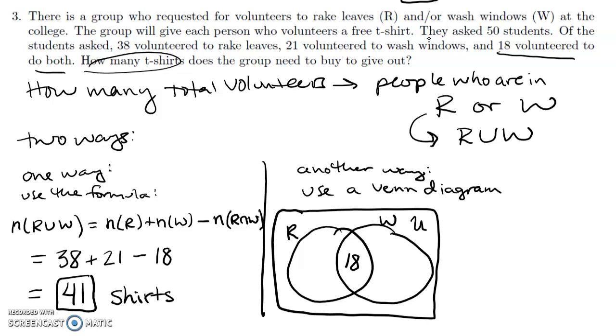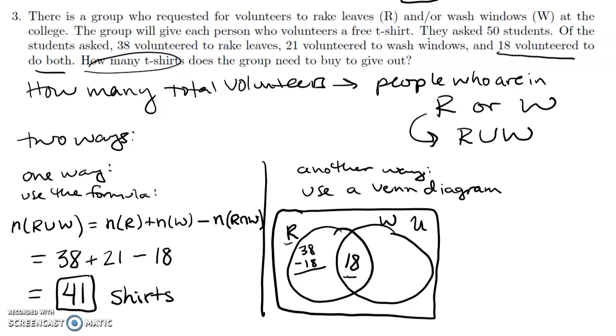So now let's focus on the rest of R. Notice in total for R, we had 38 people. But remember what we've talked about, we've already counted a bunch of those people. So what we need to do to figure out what goes in this region is take away the number that we've already counted, because what we want is we want the total of all of the parts of circle R to add up to 38.